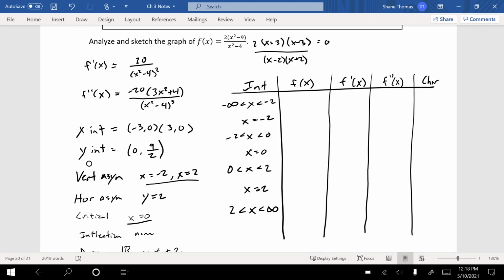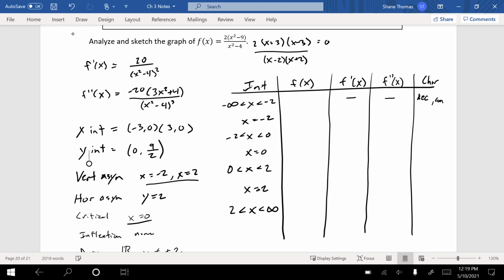So because f prime of x is negative, that means it's decreasing on that interval. And because it's negative for f double prime, what's my concavity, up or down? Down. So it'll be decreasing concave down in that interval.